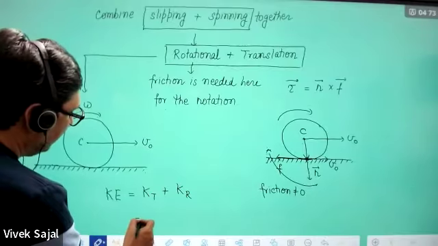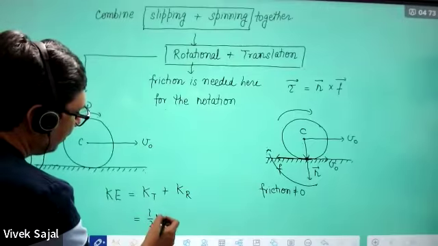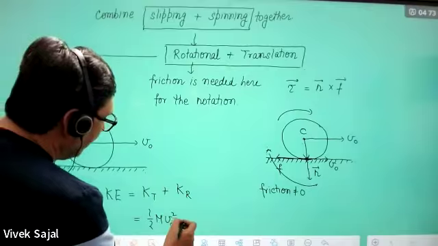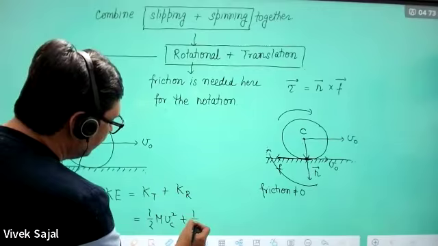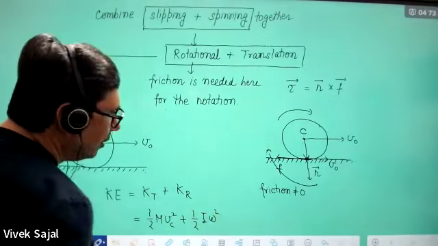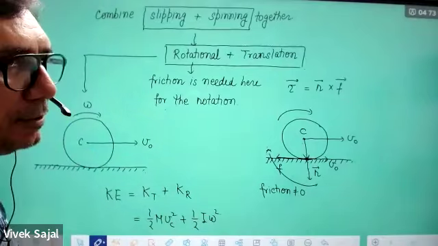KT will be 1 by 2 m Vc square, where Vc is the velocity of the center of mass, plus 1 by 2 I omega square, where I is the moment of inertia of this object about the axis of rotation.